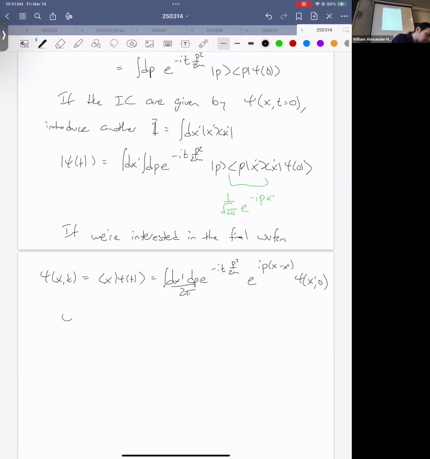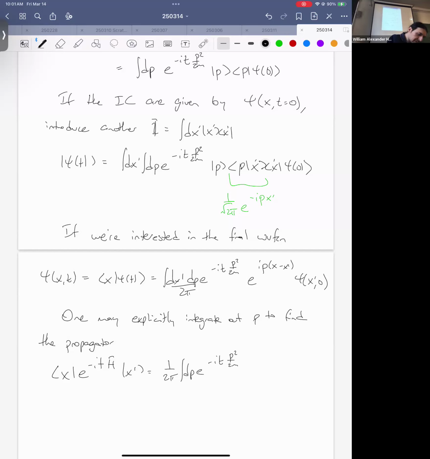So, one may explicitly integrate out p to find the propagator. And so if I have some ⟨x|e^{-itH}|x′⟩, this is exactly what I have over here: 1 over 2π ∫dp e^{-itp²/2m} e^{ip(x−x′)}.